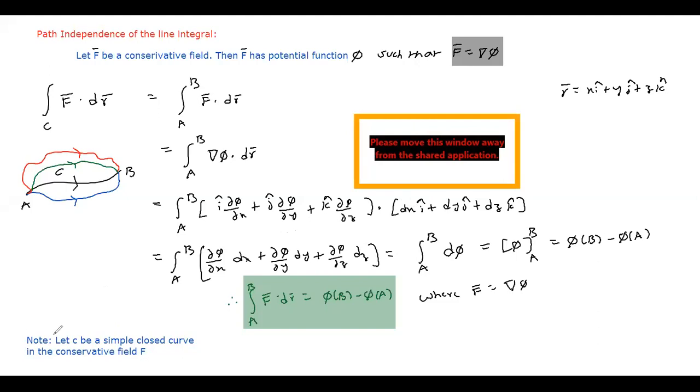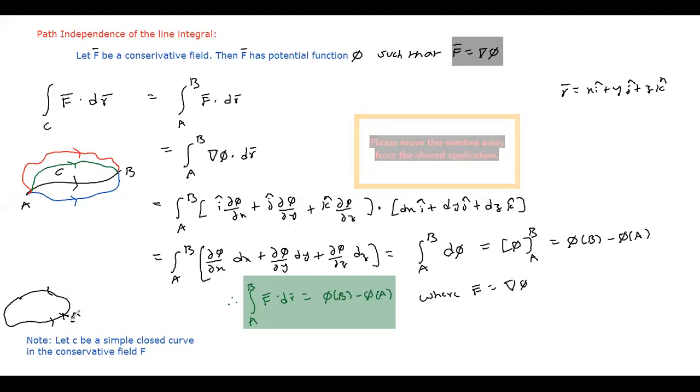But the advantage of a simple closed curve is that the initial point and terminal point are the same. A equal to B. For an open curve, the initial point will be different from the terminal point, whereas for a closed curve, the initial point will be the same as the end point.